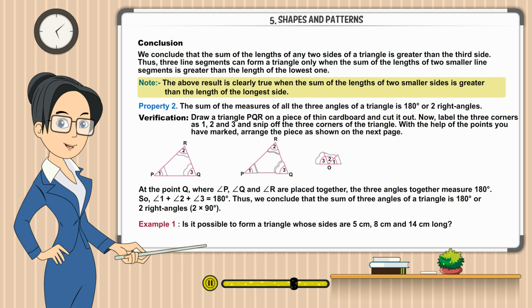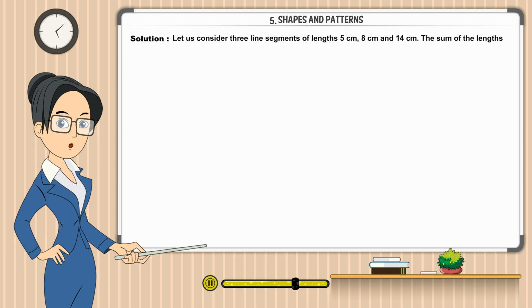Is it possible to form a triangle whose sides are 5 cm, 8 cm, and 14 cm long? Solution. Let us consider three line segments of lengths 5 cm, 8 cm, and 14 cm. The sum of the lengths of two smaller line segments is equal to 5 cm plus 8 cm is equal to 13 cm.